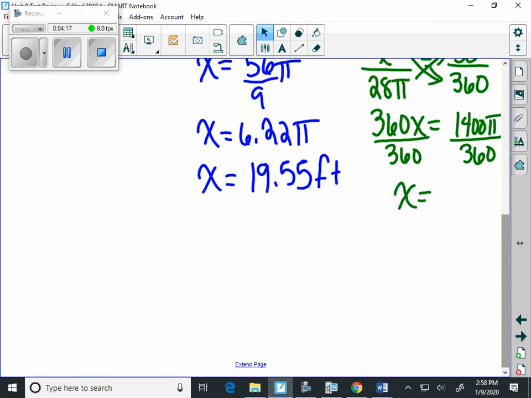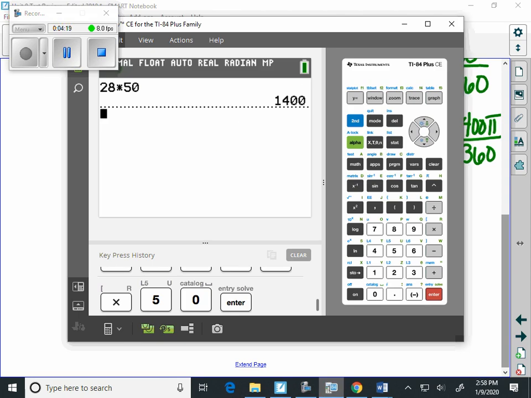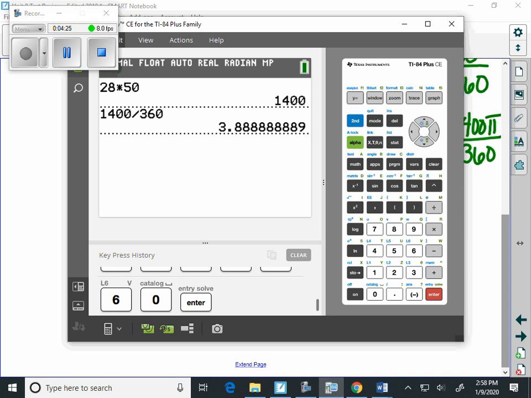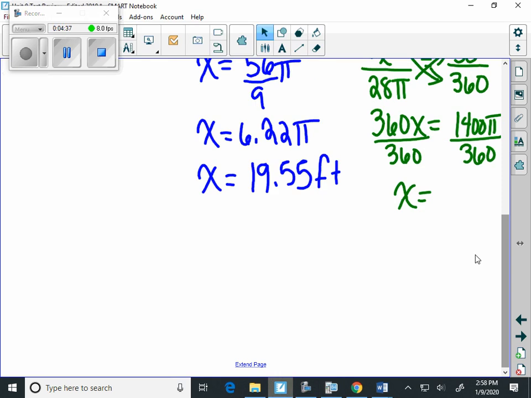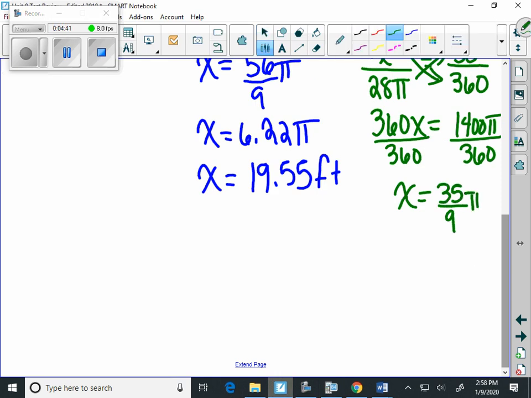So we've got 1400 divided by 360. It's going to give us a decimal here. But again, if you hit math, enter, enter, we'll get the 35 ninths. I think Desmos does that a little bit simpler. And we get 35 ninths pi. And otherwise you can multiply that out. You can use the pi button to multiply that out.